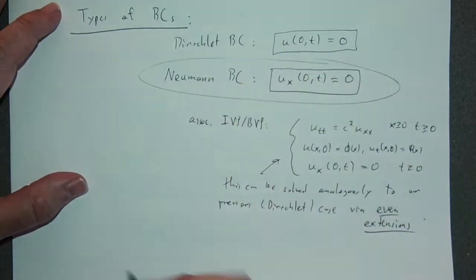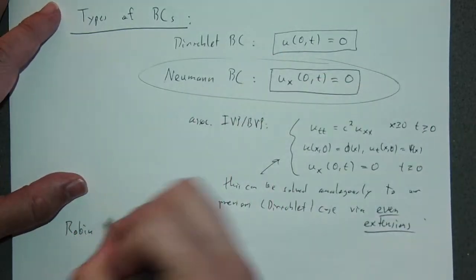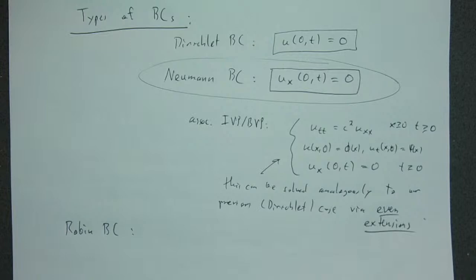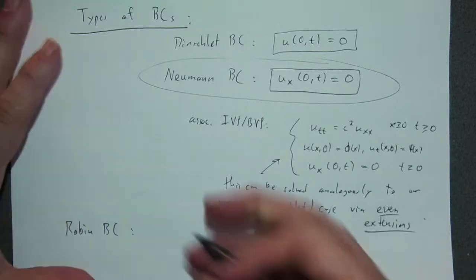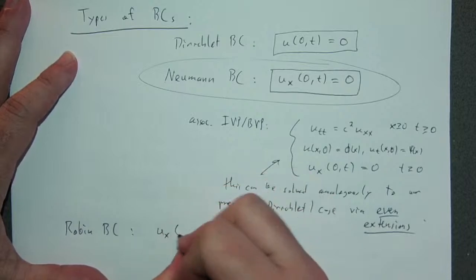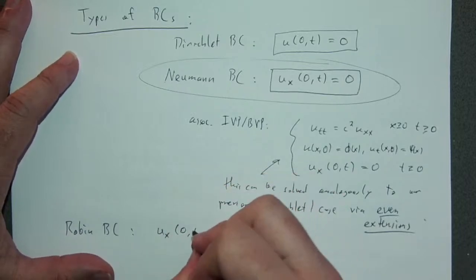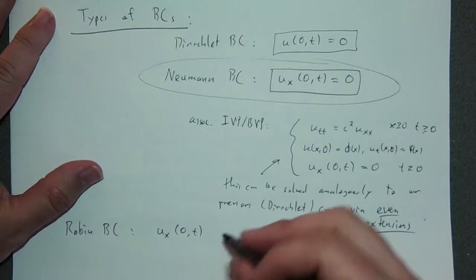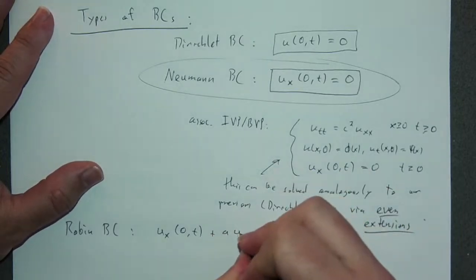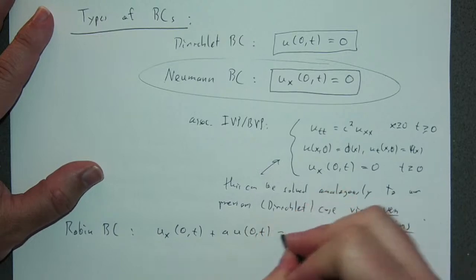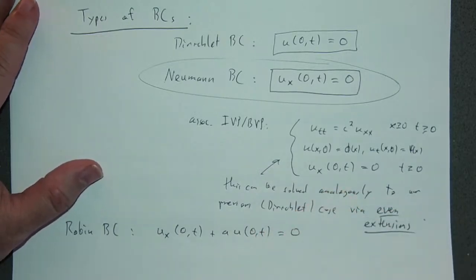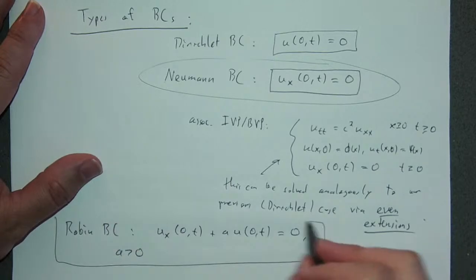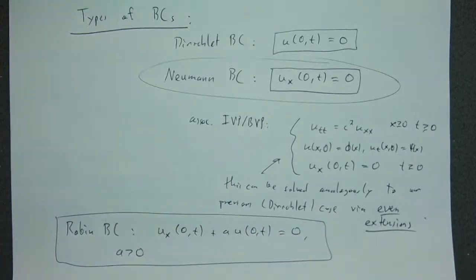So there's another type of boundary condition called the Robin boundary condition, which can also be thought of as a mixed boundary condition, where you have a condition simultaneously on a combination of the x partial and the displacement, where a is some positive constant. This is a more complicated thing.